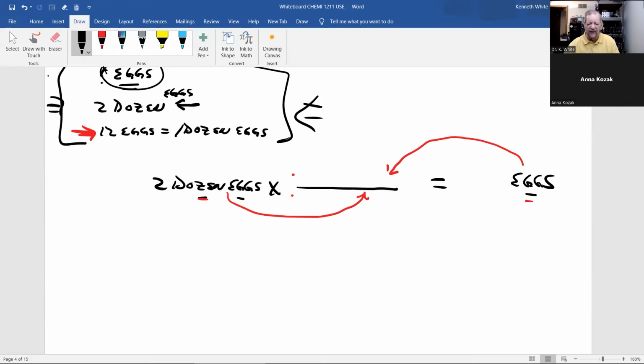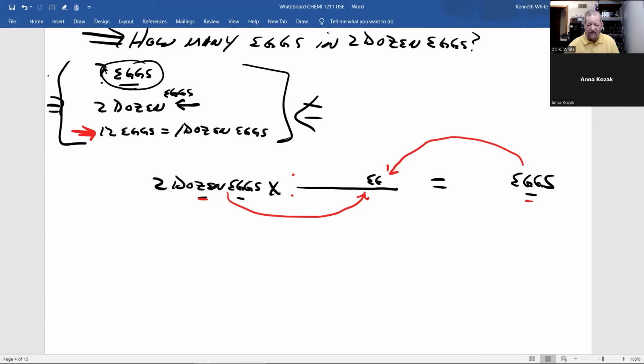And up here, first of all, I'll put in the units. And remember, when you have 2 things equal each other, you have 2 ratios.